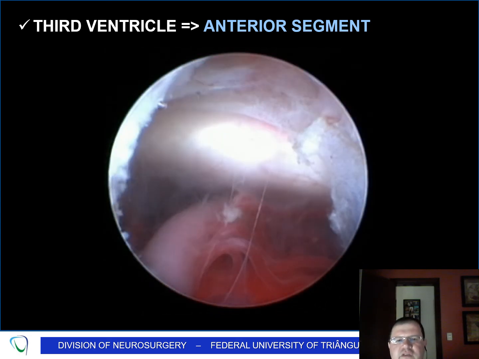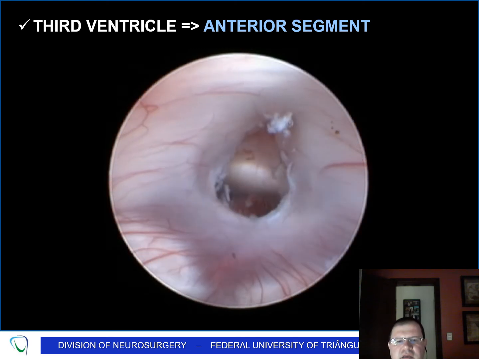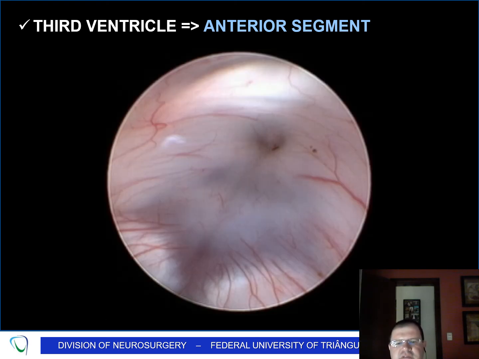Below you can see the dorsum of the sella, basilar artery. This is the standard endoscopic third ventriculostomy.